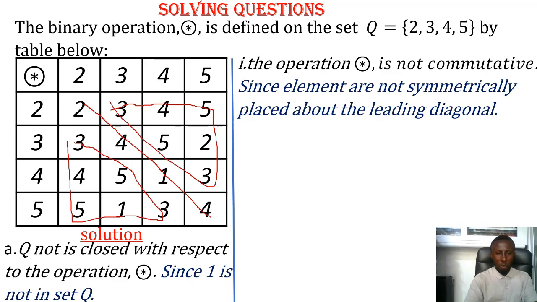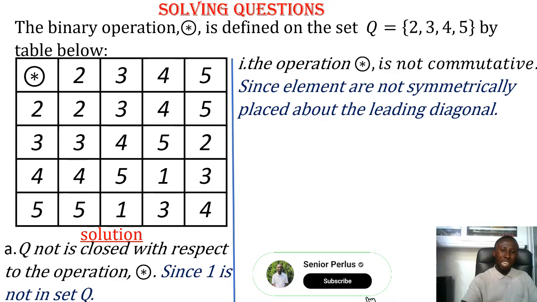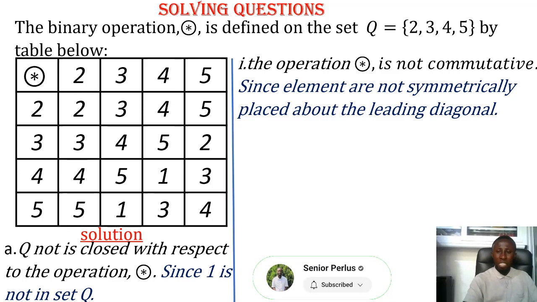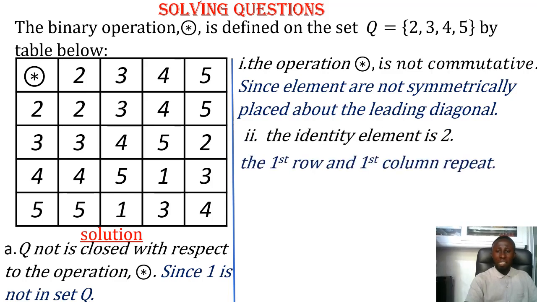Like we said, 3, 4, 5, and we have 3, 1, 5 or 5, 1, 4. Are they the same? No. So this shows that it's not commutative, since the elements are not symmetrically placed about the leading diagonal. And our identity element is 2.